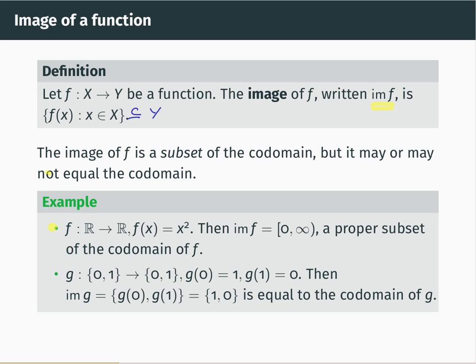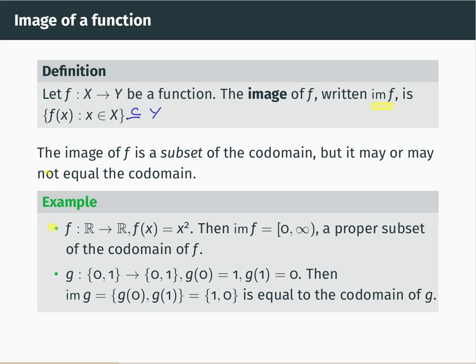Beginning with this example, I have f, which is a function from the real numbers to the real numbers, and its rule is that f of an input x is x squared. Then the image is the set of all things which are equal to the square of a real number. Now the square of every real number is greater than or equal to 0, and in fact every real number which is greater than or equal to 0 is a square.